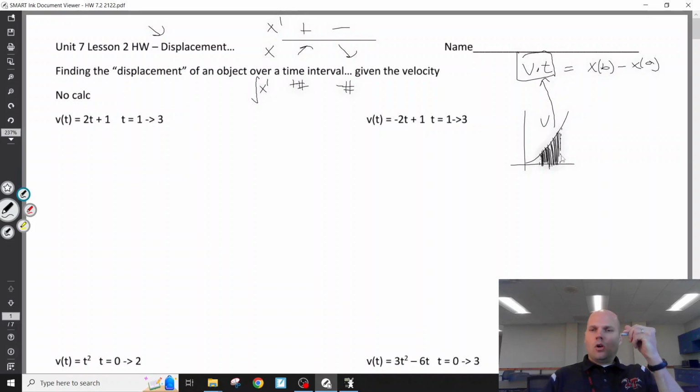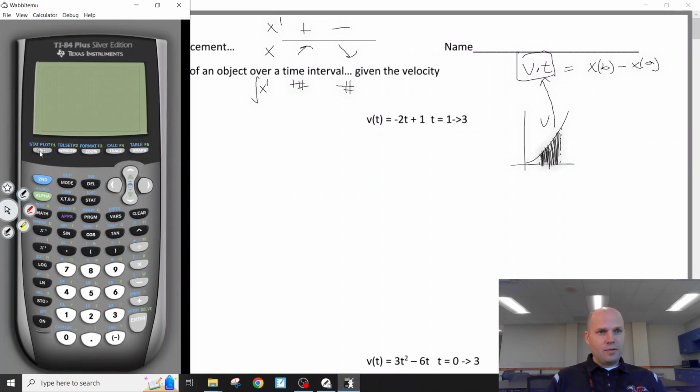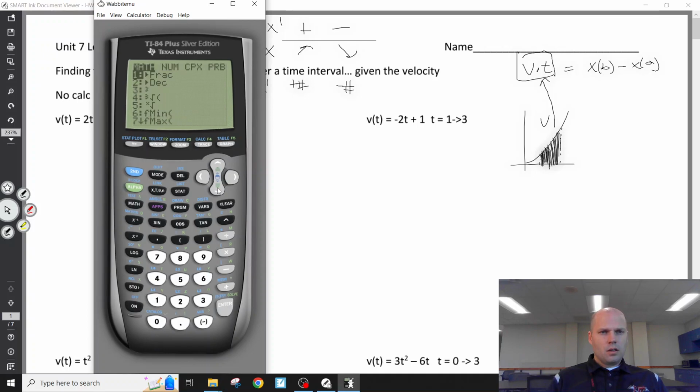But unless you have a calculator, you will not be able to find this area. If you have a calculator, you can. In the home screen, you can either graph 3t squared, and then second calc, 7.